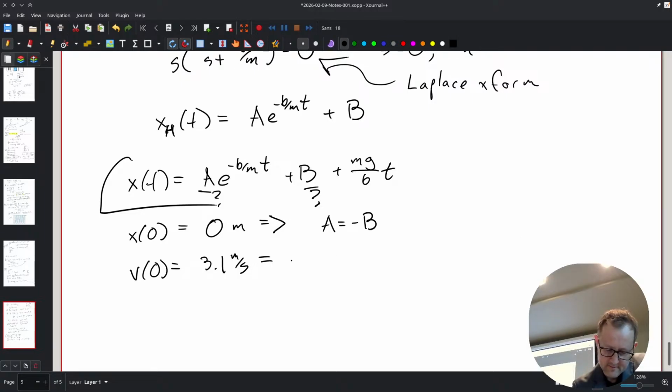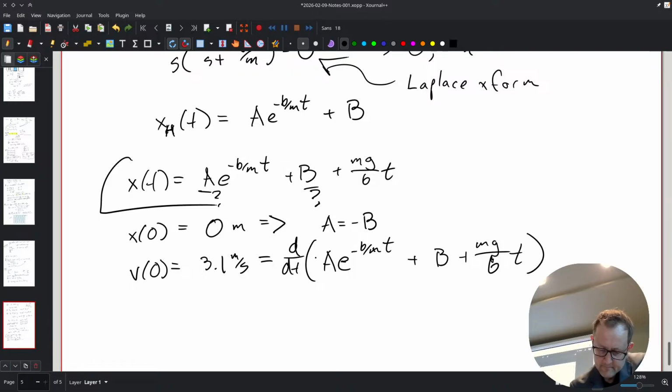All right. So you mean the negative b over m? Like that one should pop out when we take a derivative? I think you're right. The b is gone, so plus a 0.